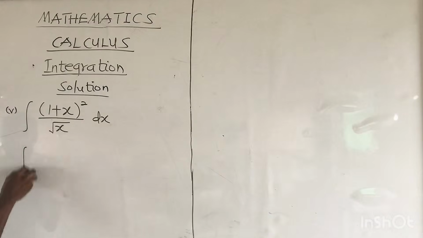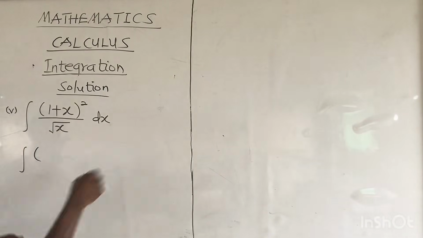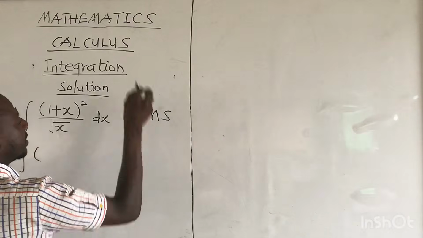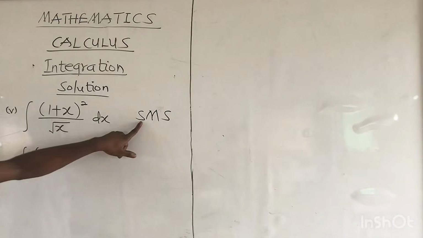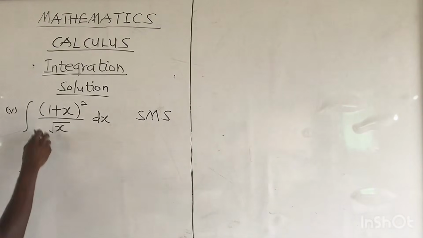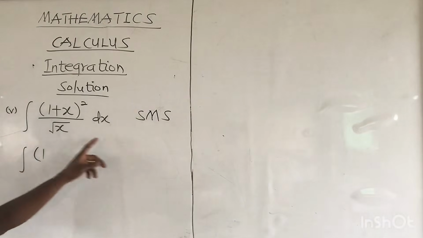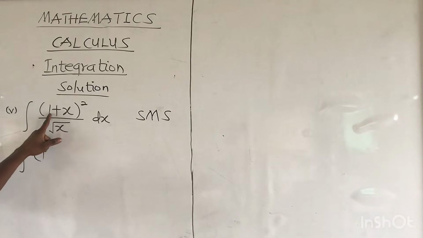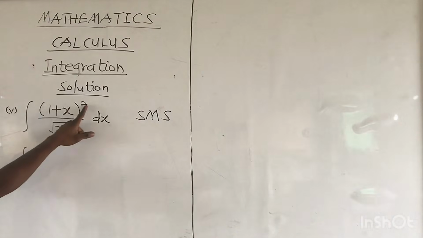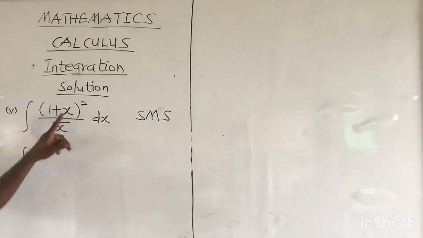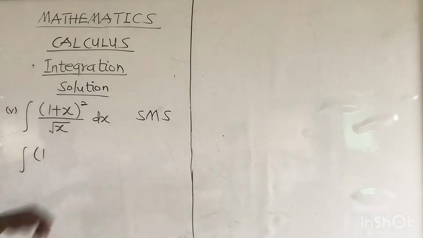So we still have the integral of, and here we are still going to use the SMS. The first S means we will square the first term, which is 1. Then the M in the middle means we are going to multiply 1 by x by 2. So 1 by x, we still have x times 2.